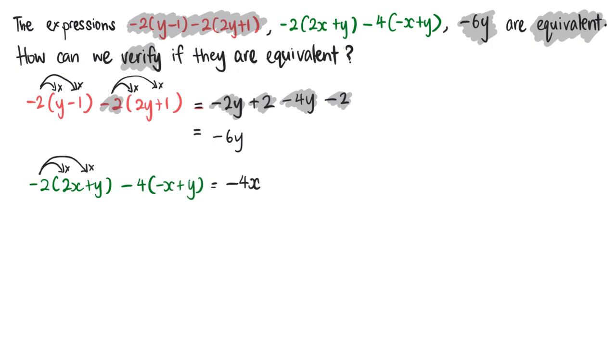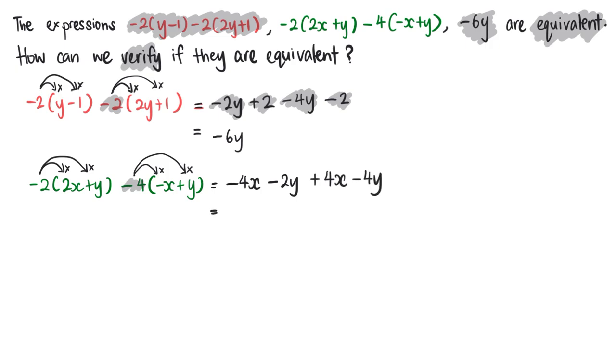Negative 2 times positive y, negative 2y. Again, we should see this as negative 4. So negative 4 times negative x, positive 4x. Negative 4 times positive y, negative 4y.